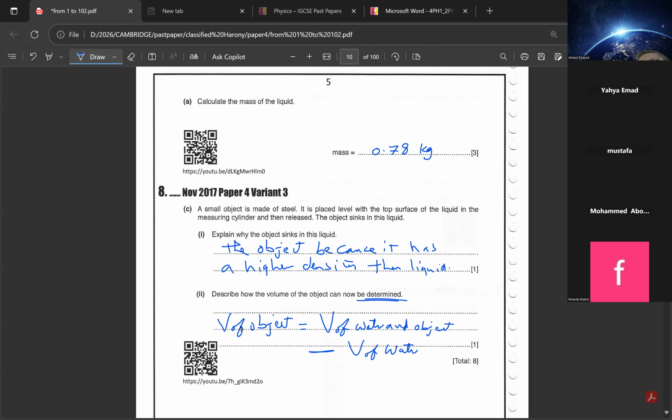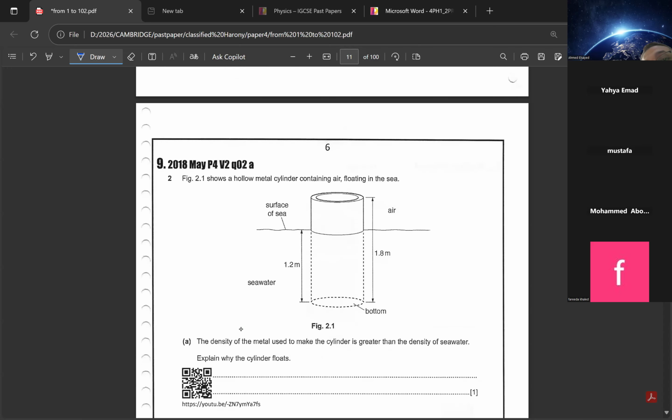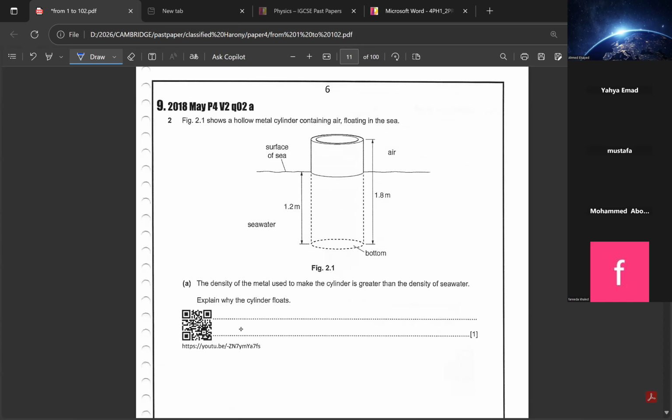You can write it as an equation. But you can't write V2 minus V1 before defining V2 and V1. So as you said, find the volume of the liquid V1, read the volume of the liquid after inserting the object inside the liquid, which will be V2, then the volume of the object will be V2 minus V1. Sir, we don't need to say read from the bottom of the meniscus or keep your eyes perpendicular, because it only has one mark.